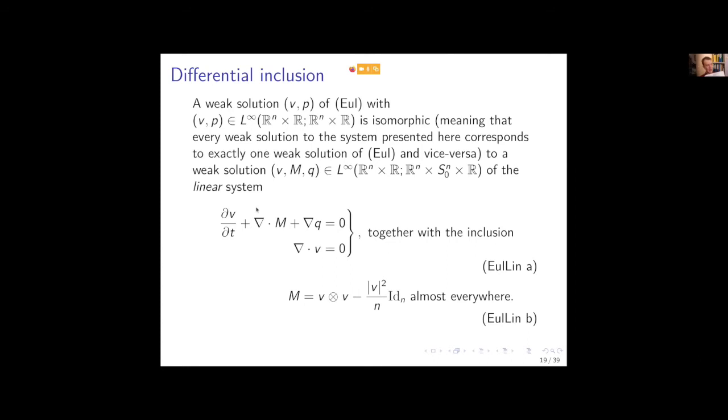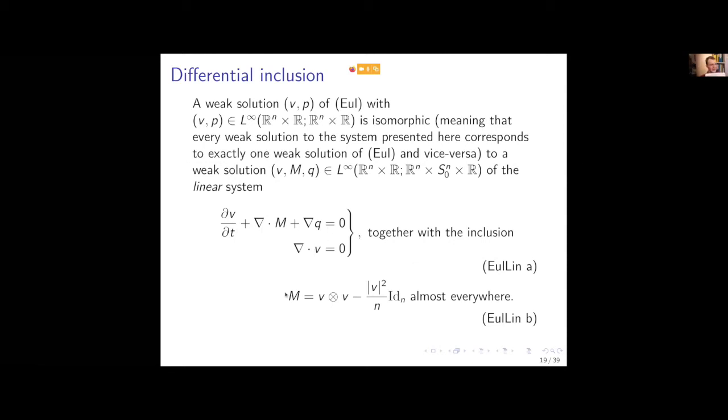Because you decouple v from m, you add an additional assumption: m should be v tensor v minus the absolute value of v squared over n times the identity matrix. You add that assumption, and suddenly you have a linear system in v, m, and q.